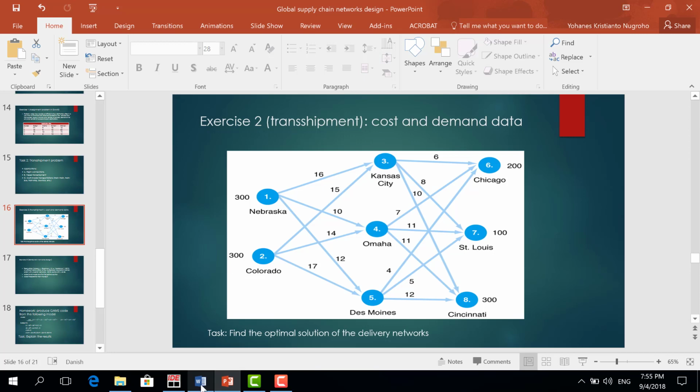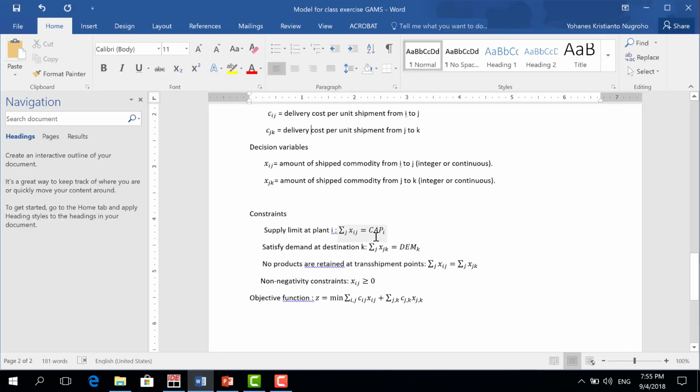And therefore we have xij, where x represents the amount of delivery, the amount of supply from supplier I to transit point J. That's why it's called sigma j, because one supplier I can deliver to several destinations of J, but the delivery from I to J cannot exceed the capacity of supplier I.